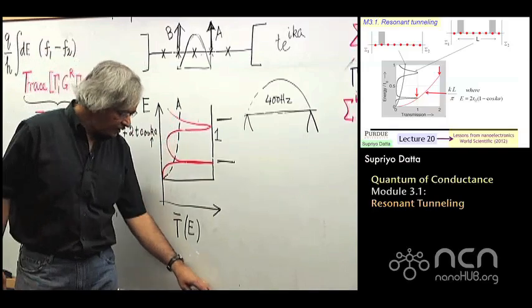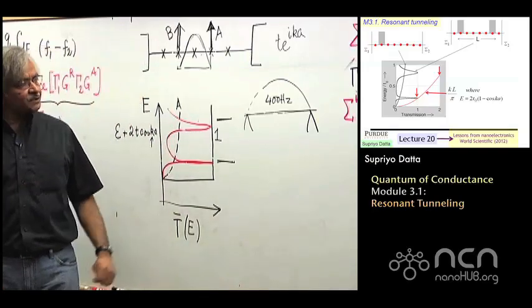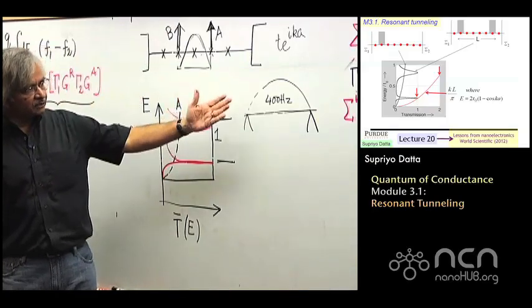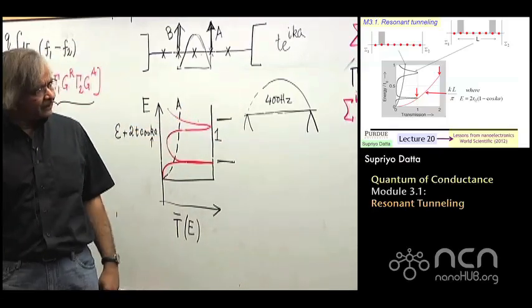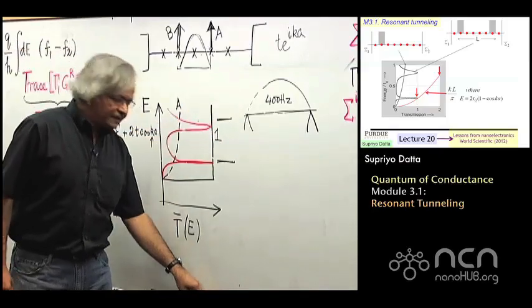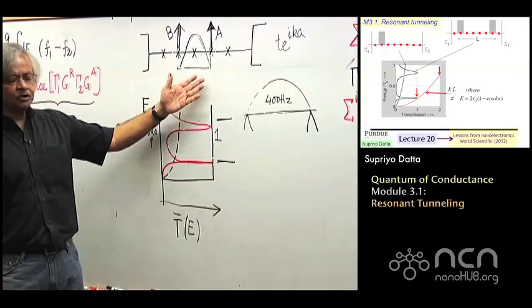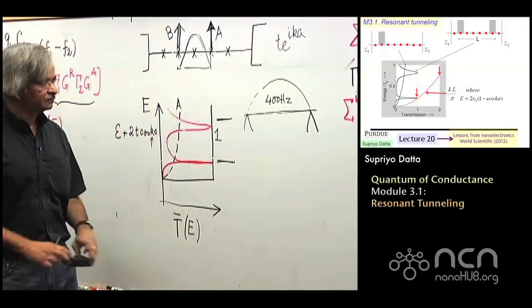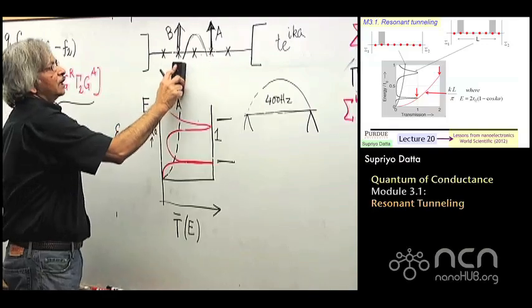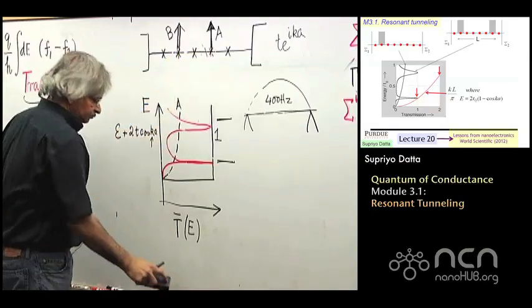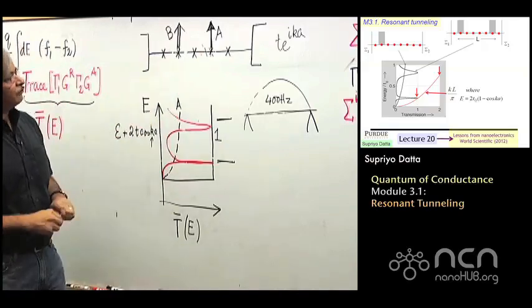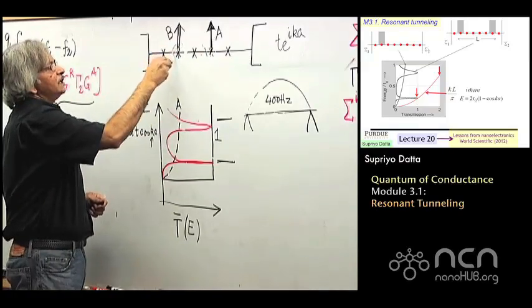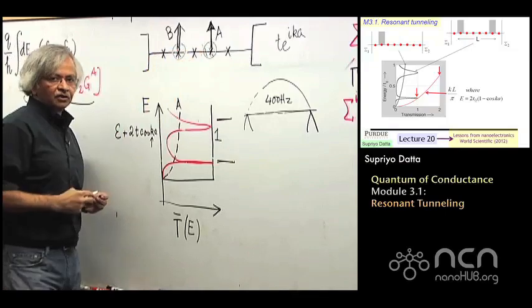Now, the next point that I want to talk about a little bit in this module, and we'll continue with that in the next module, is something like this. Usually when we discuss the conduction of electrons through conductors, we tend to think of each scatterer as sort of independent.